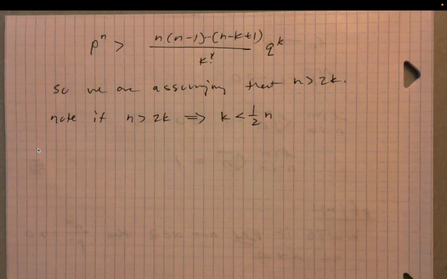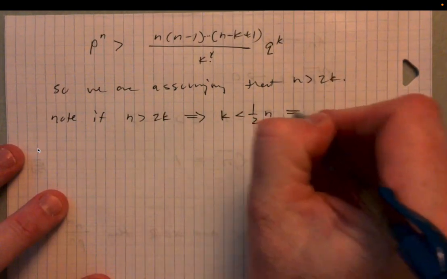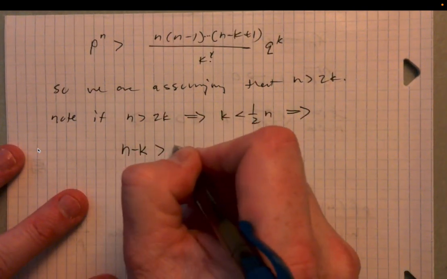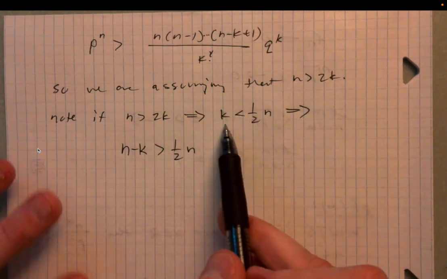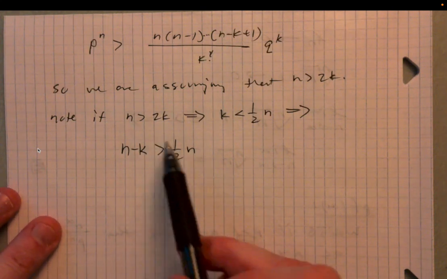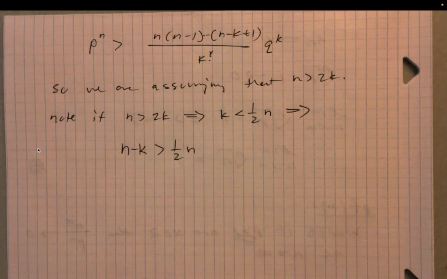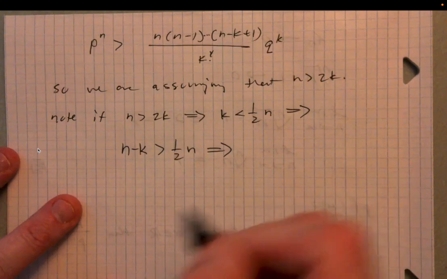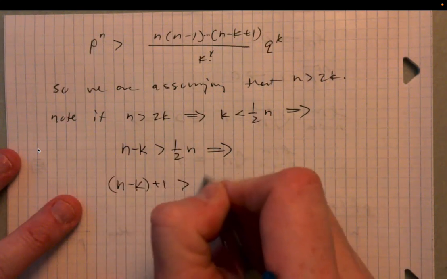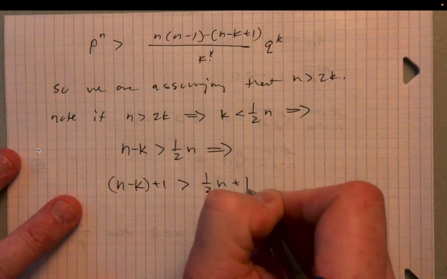And so if k is less than 1/2 n, that's going to imply that n minus k is greater than 1/2 n, right? If I take n minus 1/2 of an n, then I'm going to have something larger than 1/2 of an n. And that's going to imply that n minus k plus 1 is greater than 1/2 n plus 1.